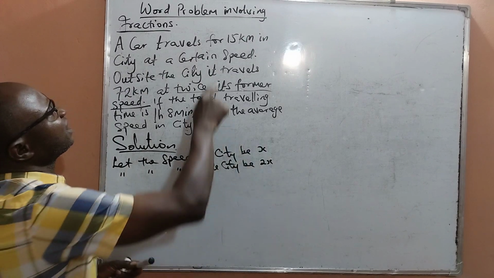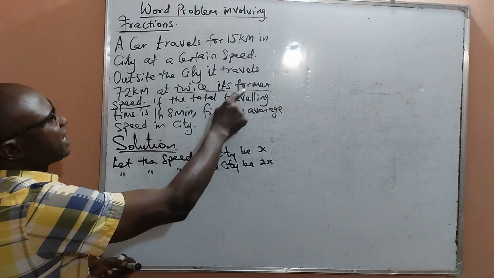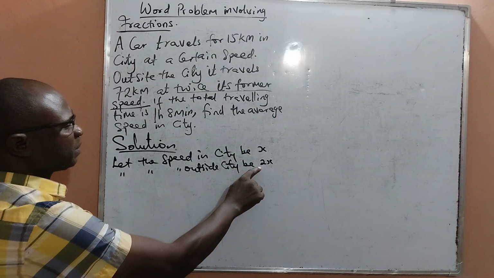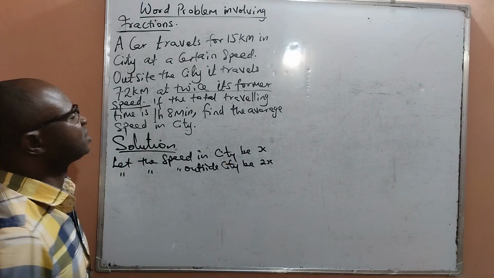So the former speed is a certain speed, which is x. Twice that x is 2x. So we now know the speed outside the city and the speed inside the city.